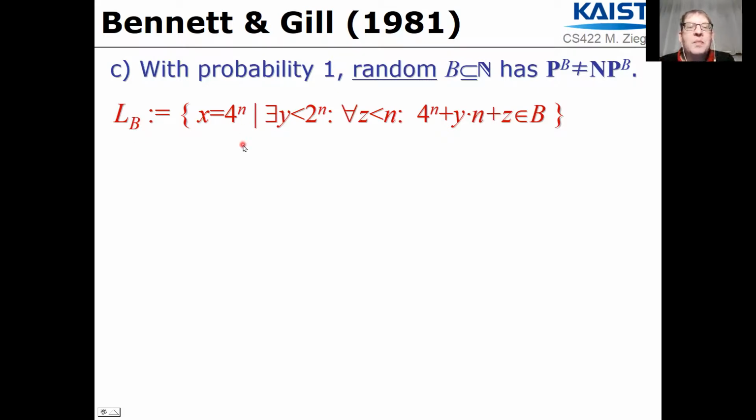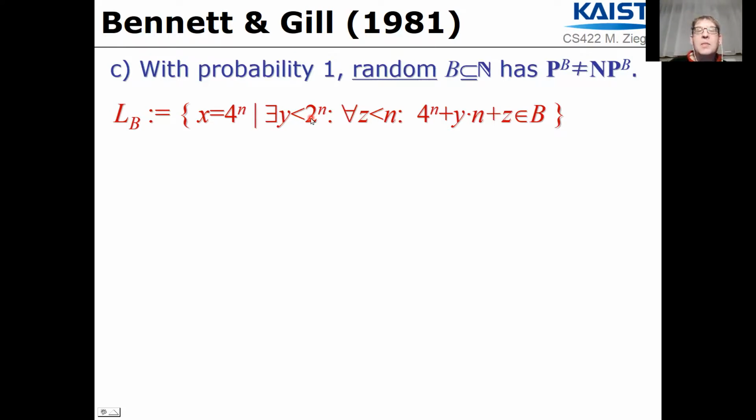The decision problem contains only numbers that are integer powers of 4, and such a number is defined to belong to this decision problem if and only if there exists a witness y of value at most 2 to the n.